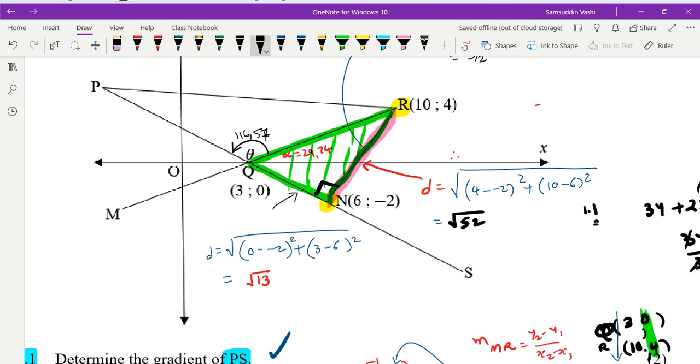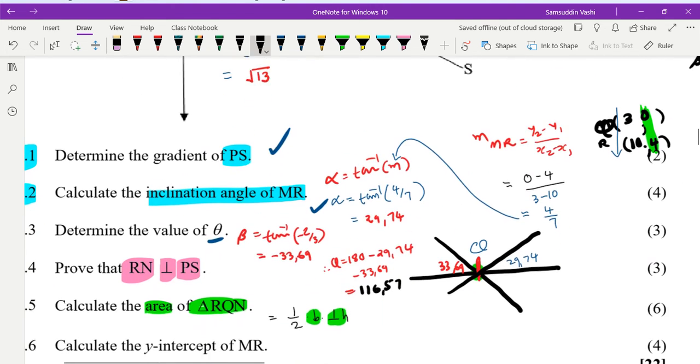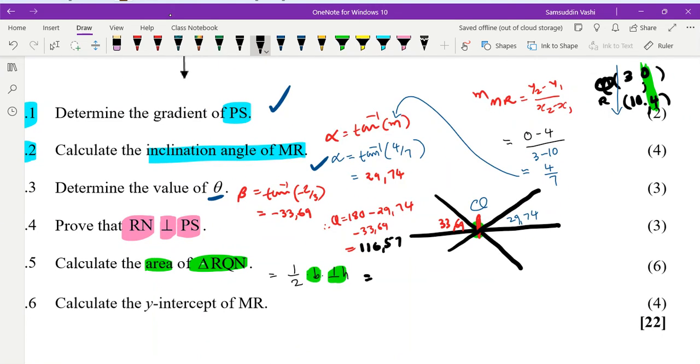I'll put those distances straight away into that formula and I'll get the mark. So half is as it is, my base is root 13 and root 52. I will use a calculator, get my answer. What's the answer? 13 units squared. 6 marks, lot of marks there.